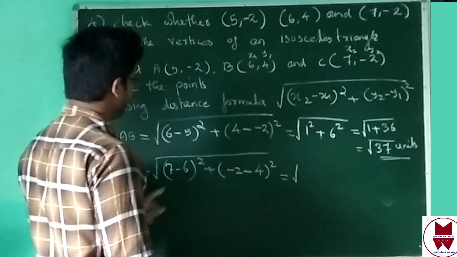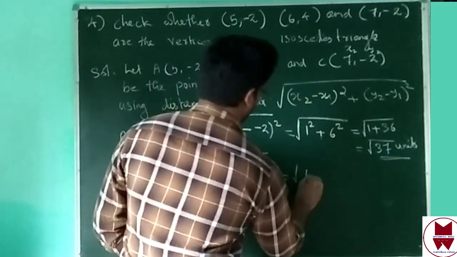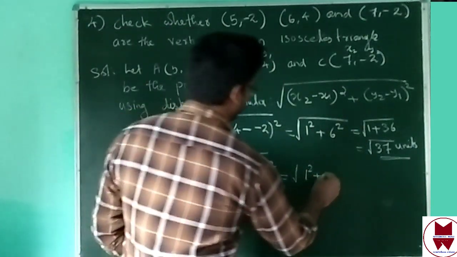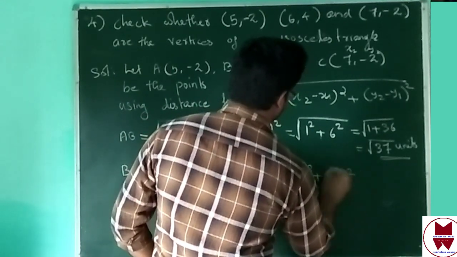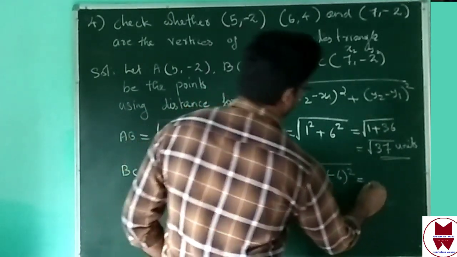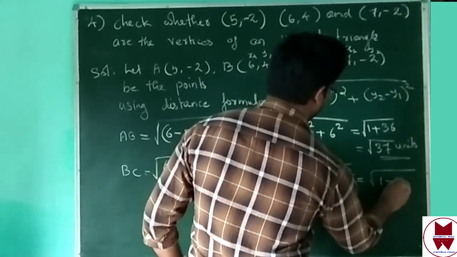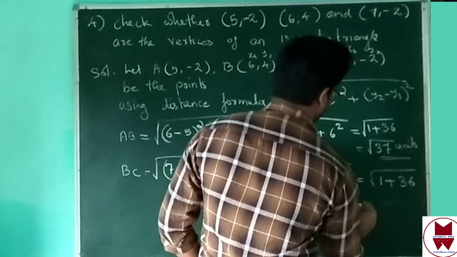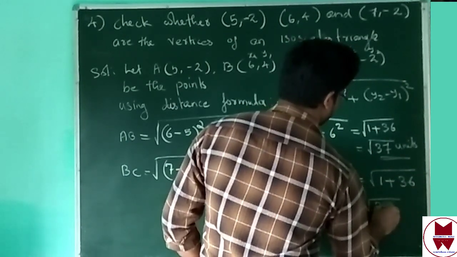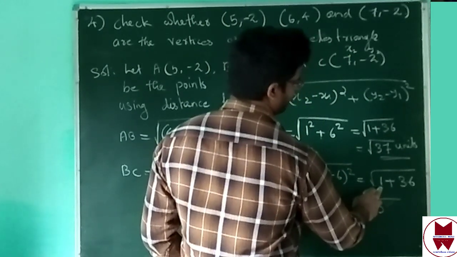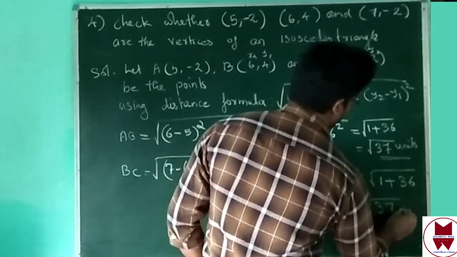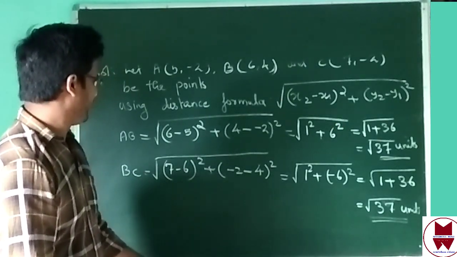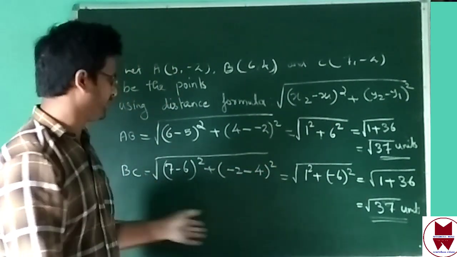Square root of (7 minus 6), 1 square, plus (minus 2 minus 4), minus 6 whole square. Equal to square root of 1 square is 1. Then minus 6 whole square, minus 6 into minus 6, 36. Square root of 1 plus 36, 37 units. We got AB equal to root 37, BC equal to root 37.